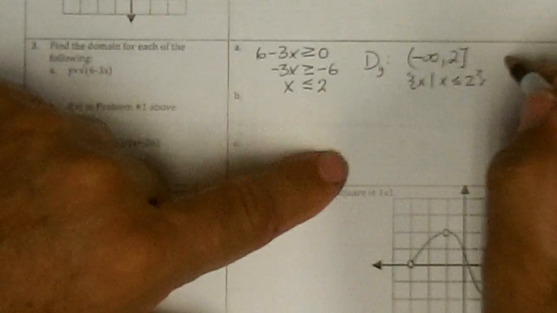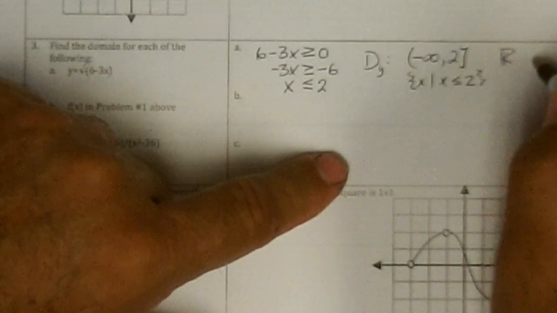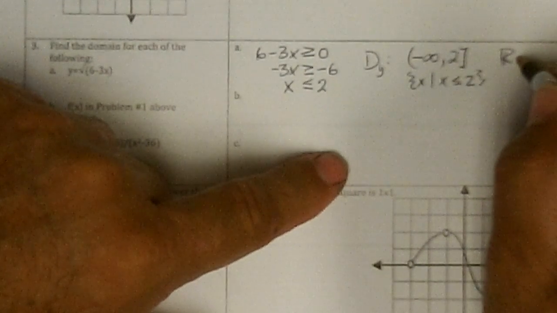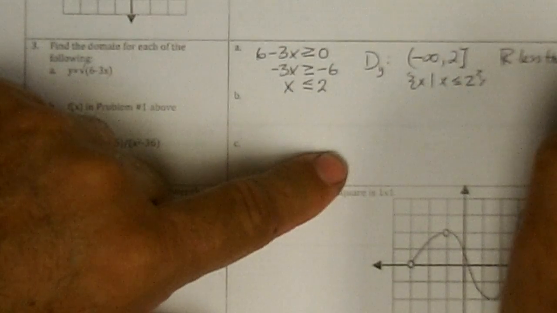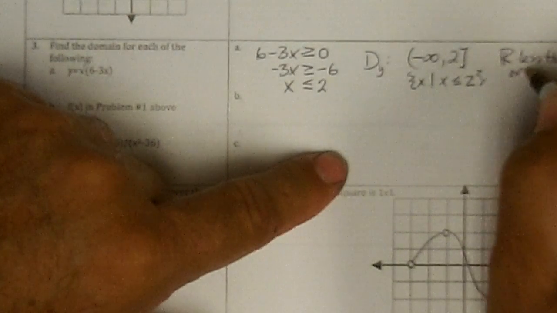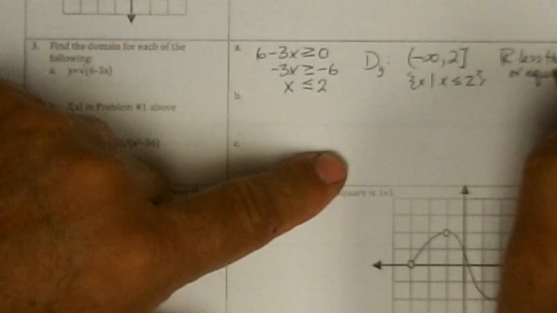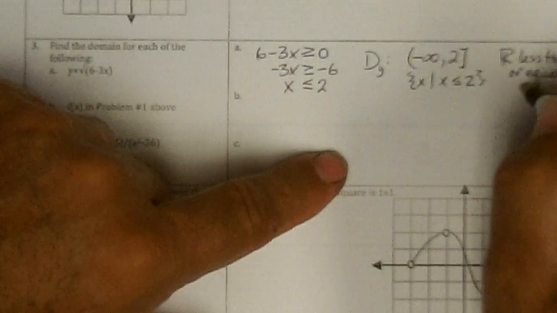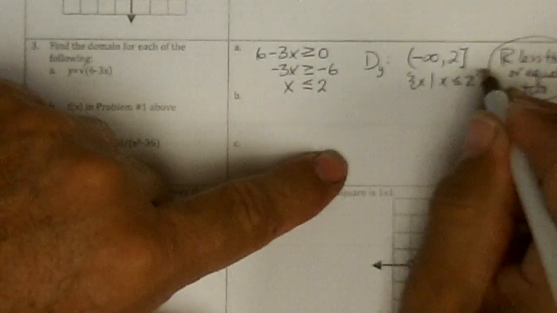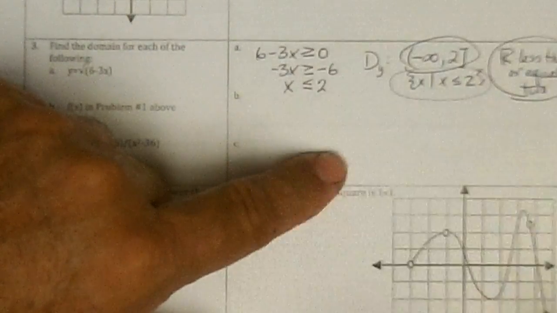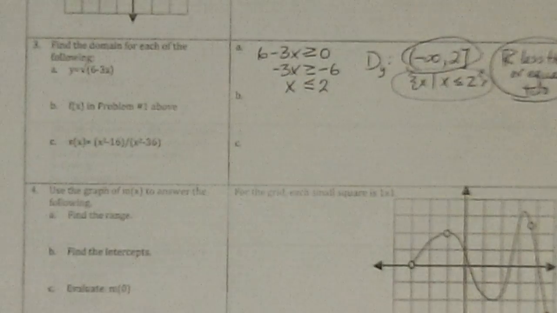Or I can say all reals less than or equal to 2. So in words, in set notation, in interval notation. Okay.